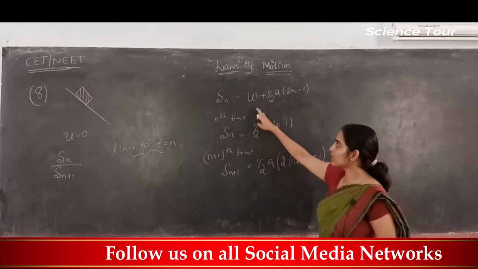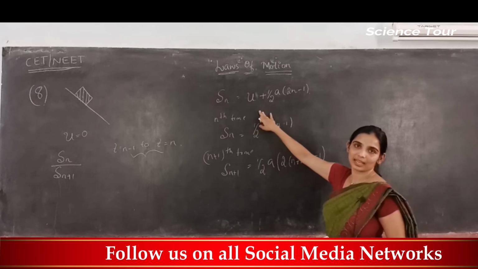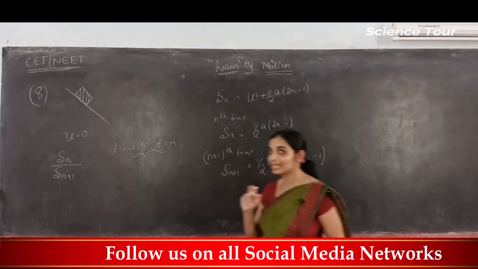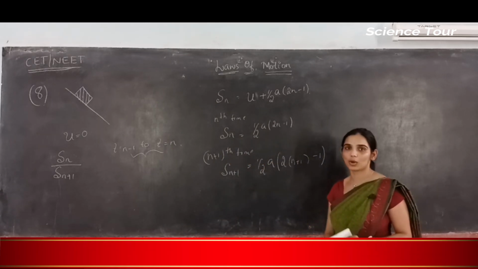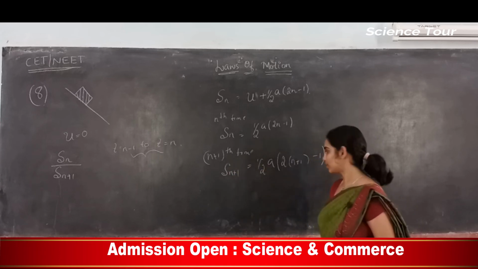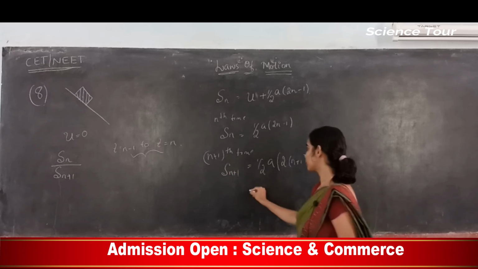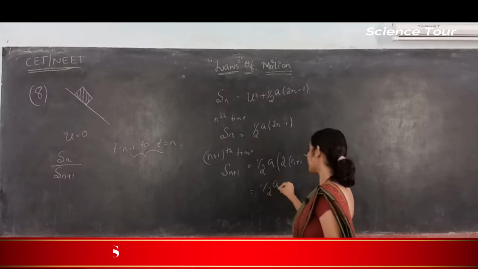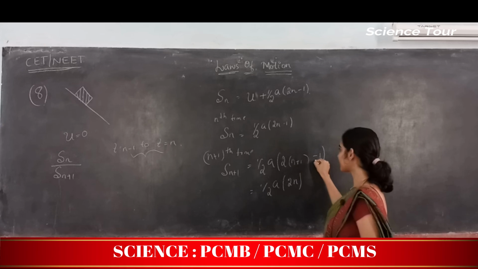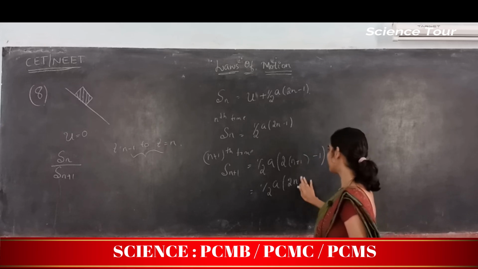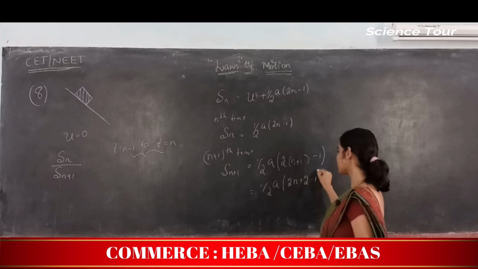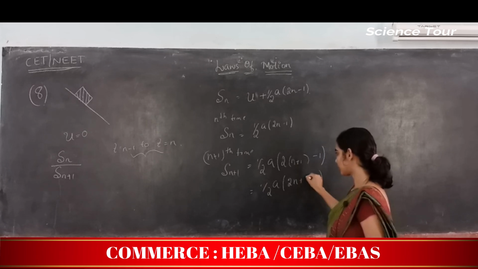Yes, this is the distance covered in the nth second for the given condition, because initial velocity is zero, since the object is coming from rest. This is the n plus 1th second. So what do you get? Half into a into, when you remove the bracket, 2n plus 2 minus 1. What do you get? 2n plus 1.